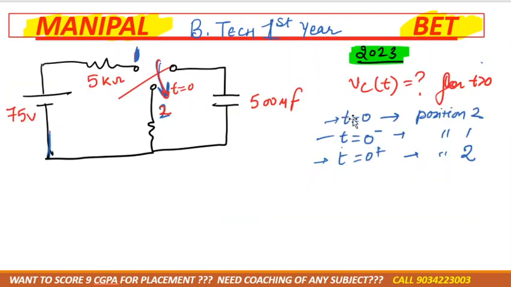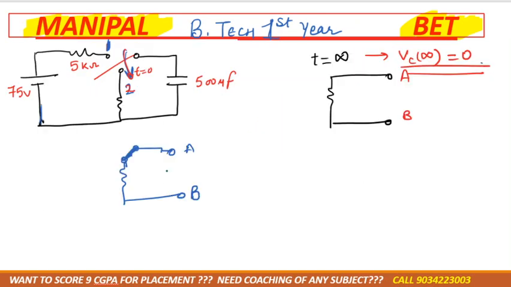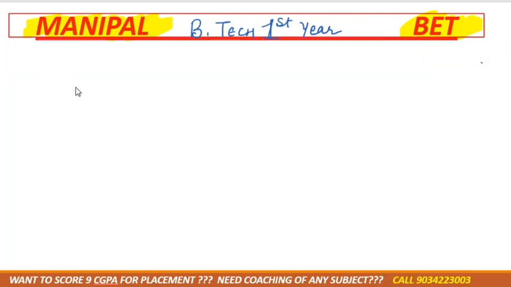Next you need to draw the circuit at t equal to 0 plus. Now the last and final step, draw the circuit at t equal to infinity, right?